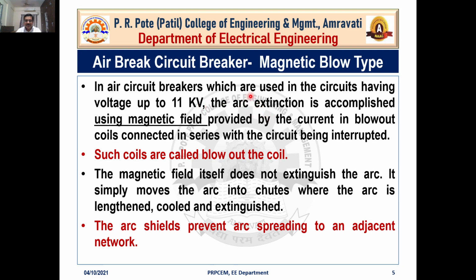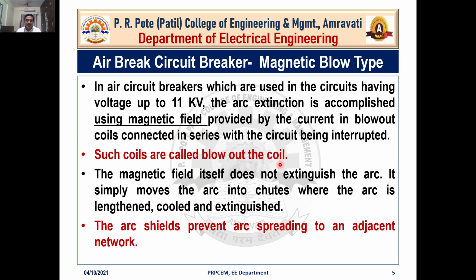Here the arc extension is accomplished with the help of the magnetic field produced by the current in the blowout coils, which are connected in series with the circuit to be interrupted. Such coils connected in series we call blowout coils.